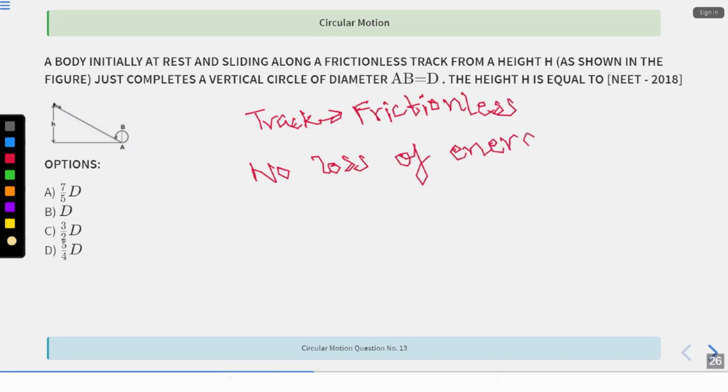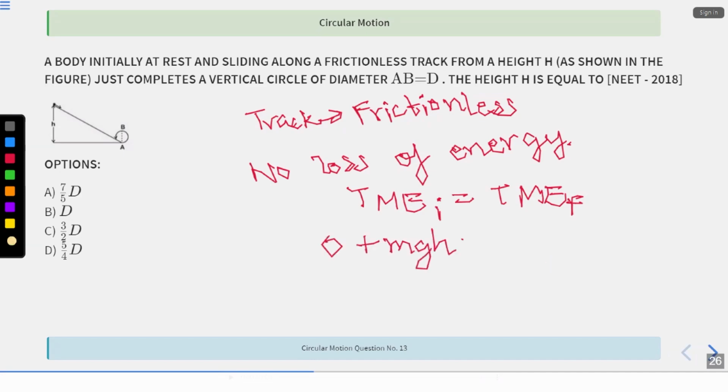Therefore, we can apply energy conservation, mechanical energy conservation. So we'll write it as total mechanical energy initial should be equal to total mechanical energy final. Initially it is 0 plus mgh, that is equal to half mv square L plus 0.